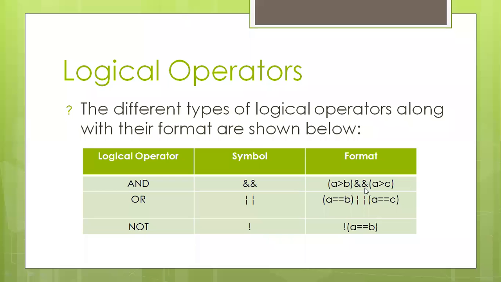Now see how it can join. A greater than B is one Boolean expression, a relational expression, and A greater than C is also a Boolean expression. We are joining both A greater than B and A greater than C by using the AND.